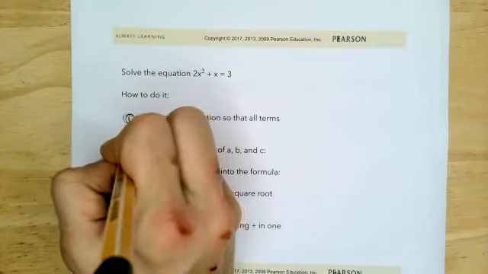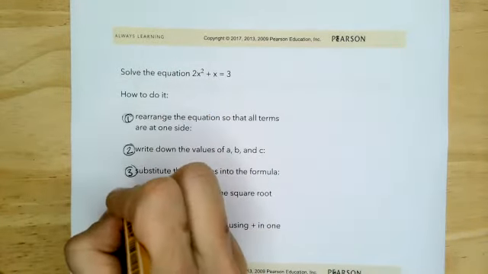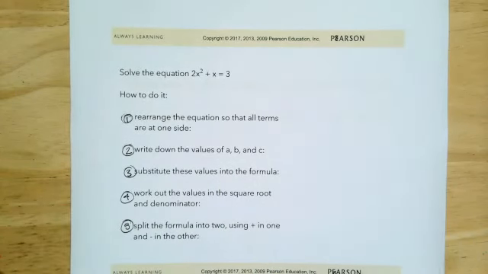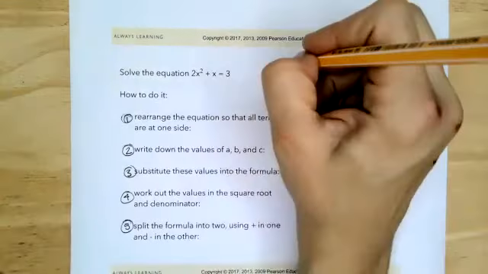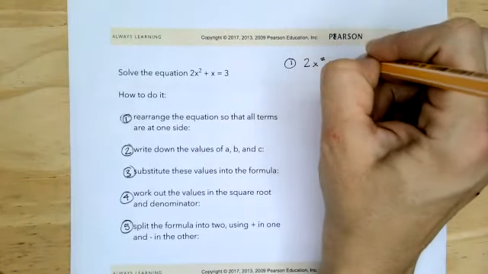Okay, 1, 2, 3, 4, and 5. There are 5 steps. So first you want to look at your equation. It's an equation because it has an equal sign. Rearrange the equation so that all terms are on one side. 2x squared plus x equals 3.